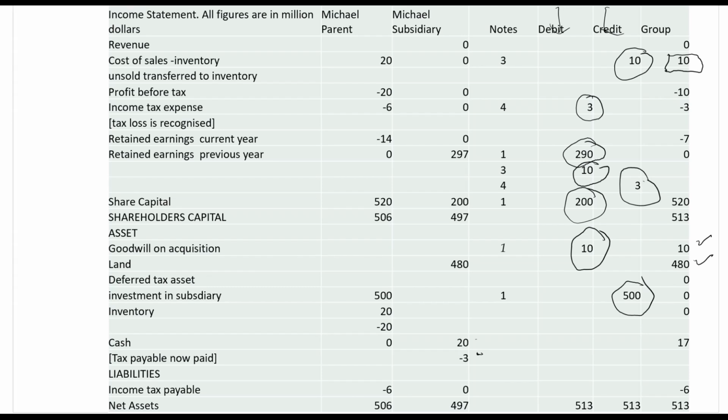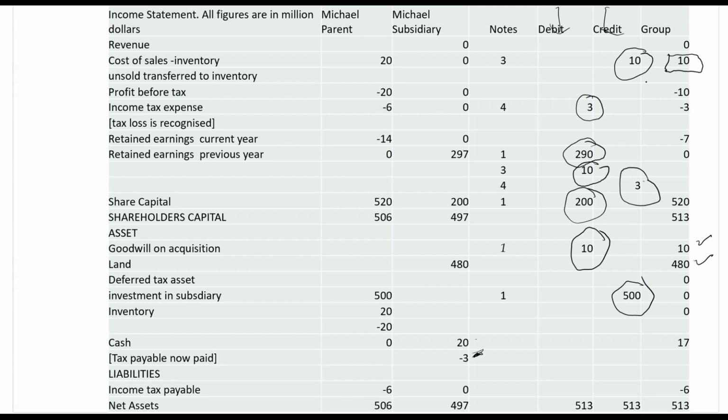There was income tax payable: 10 million of gain, 20 million less cost of sales 10 million, and the gain on sale was 10 million, and on that income tax expense was 3 million, and the tax payable in the previous year was 3 million, and that has to be paid.